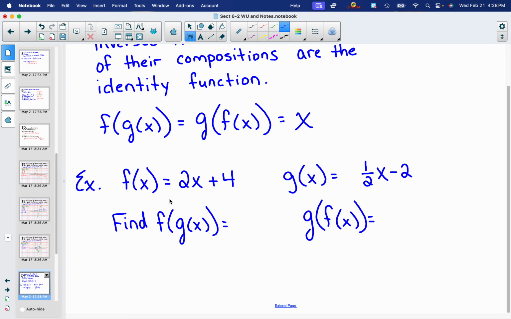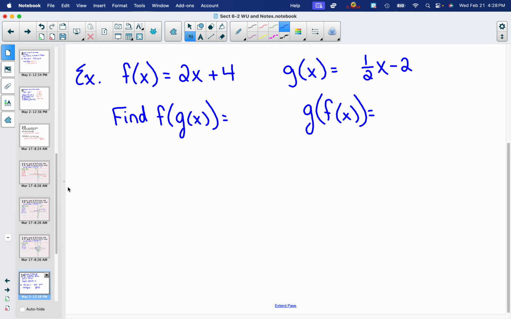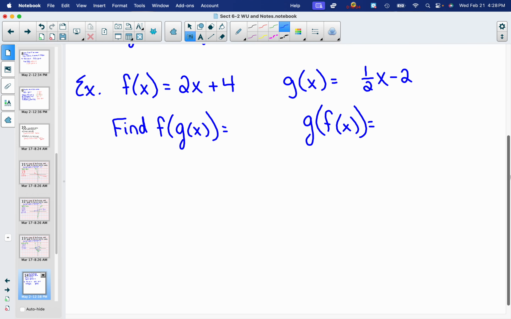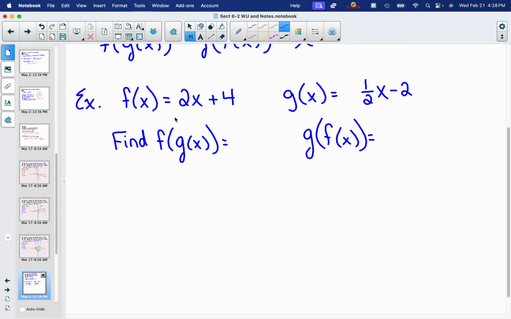So to find, and we did this, remember we did this in the last unit. So if I want to find f of g of x, that means I'm taking g of x and putting it inside of f of x. So when I do that, I get 2 times, I'm going to replace the x with 1/2 x minus 2, and then I have plus 4.